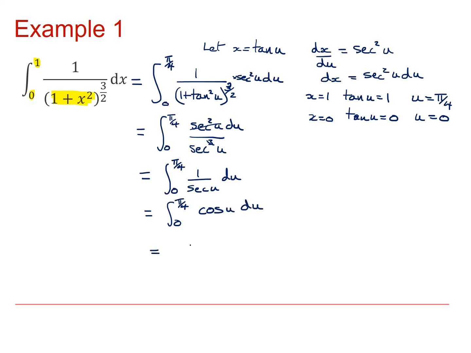And that, of course, is just sine, evaluated between 0 and pi by 4. So this gives me 1 over root 2 minus 0, which is just 1 over root 2.